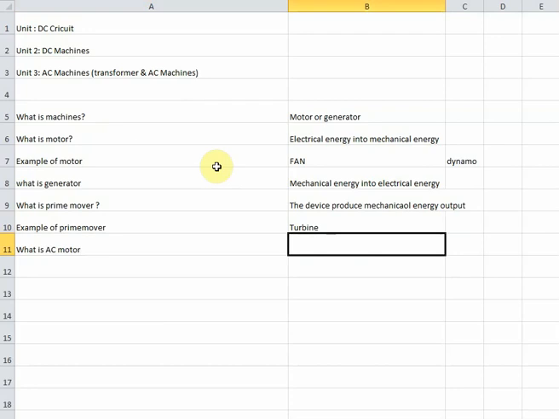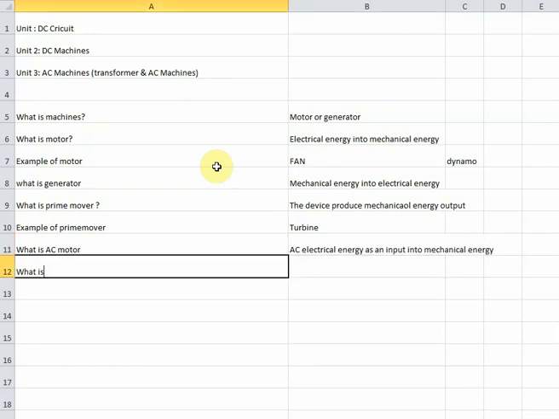What is an AC motor? AC electrical energy as an input is converted into mechanical energy.